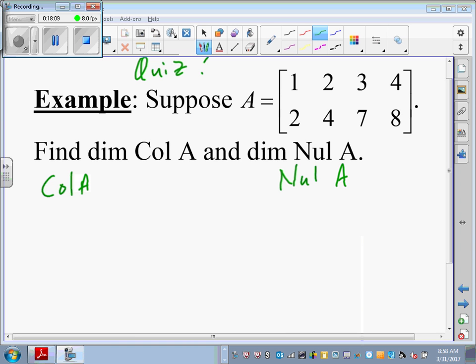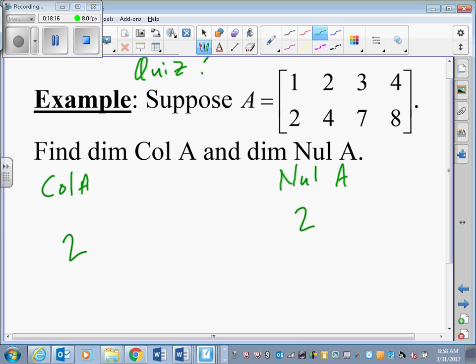So for both of them, what did you get? 2. Oh, okay. The dimension of the column of A is 2. The dimension of the null of A is 2. But how did you do that?